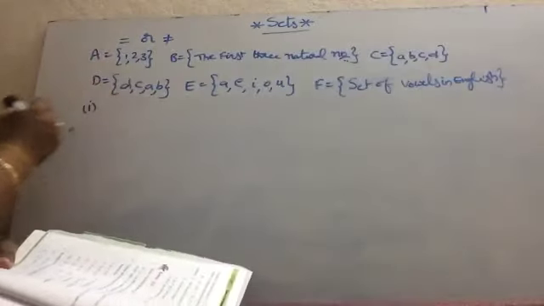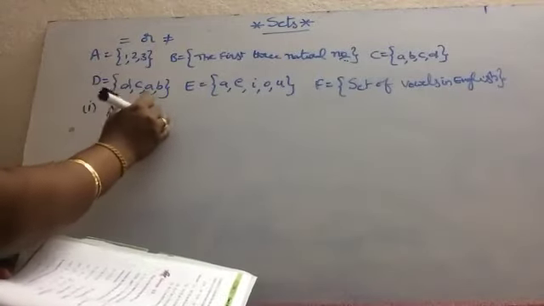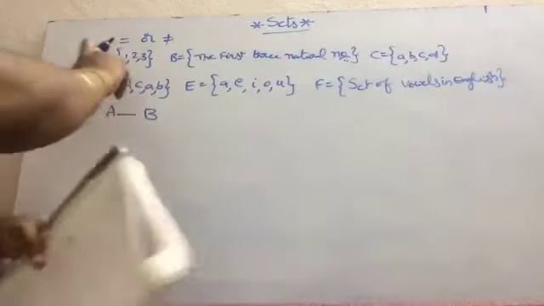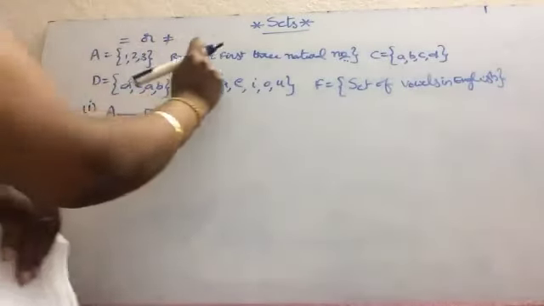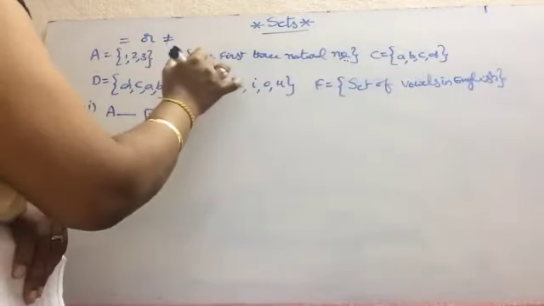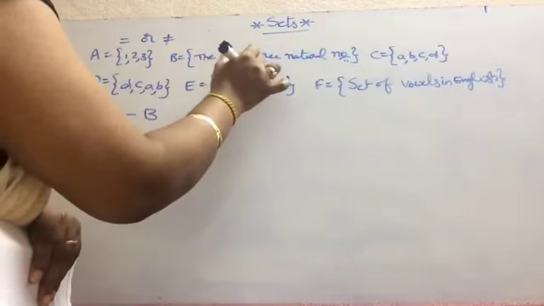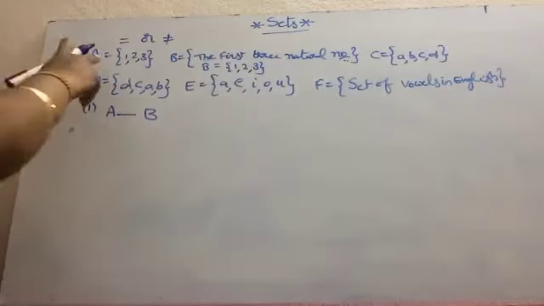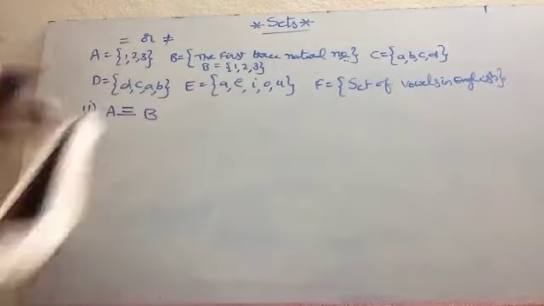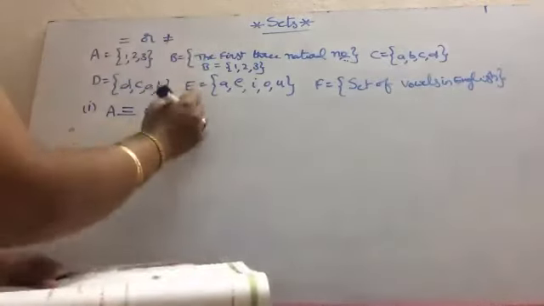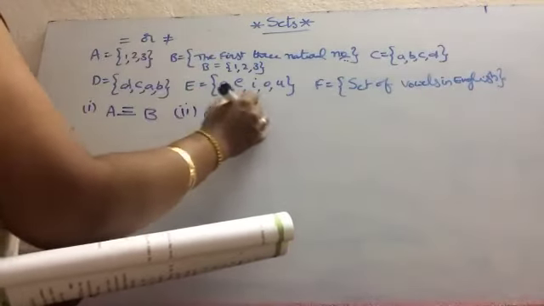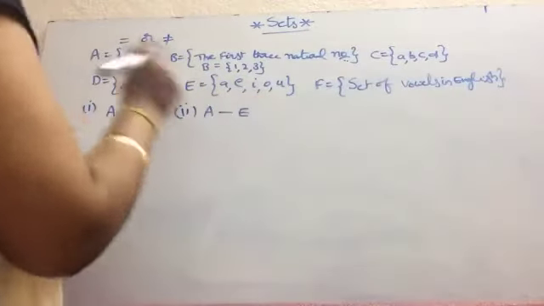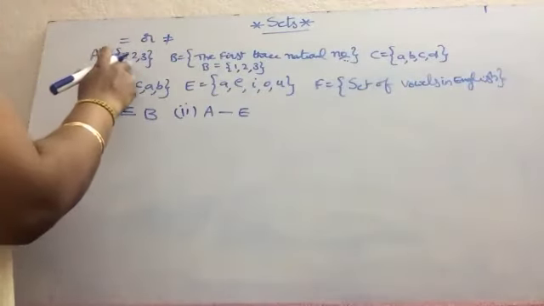First one, A and B. So here A equal to {1, 2, 3} and B equal to the first three natural numbers. What are the first three natural numbers? 1, 2, 3. So B equal to {1, 2, 3}. That means A equal to B. And the next one, A and E. What are the elements of A? 1, 2, 3.